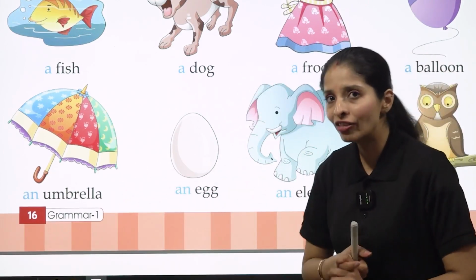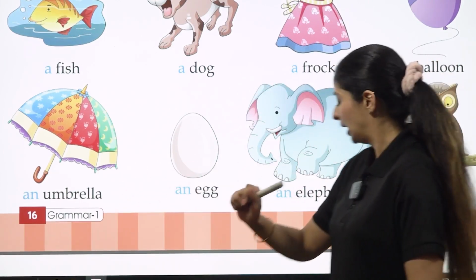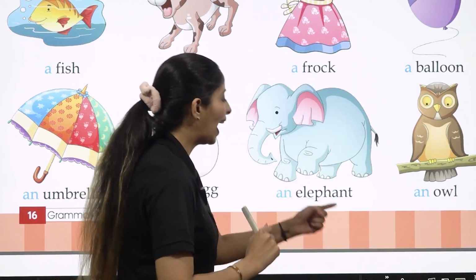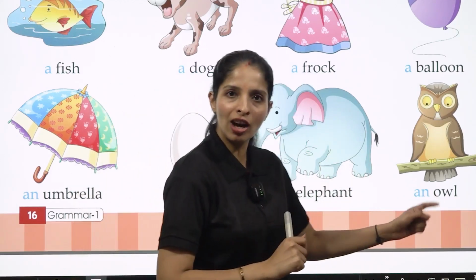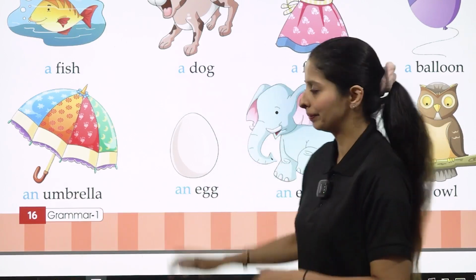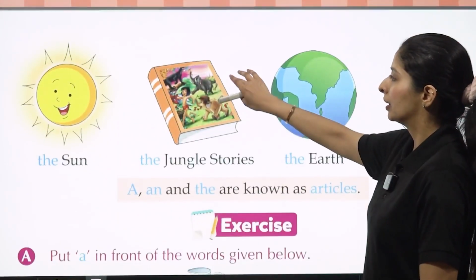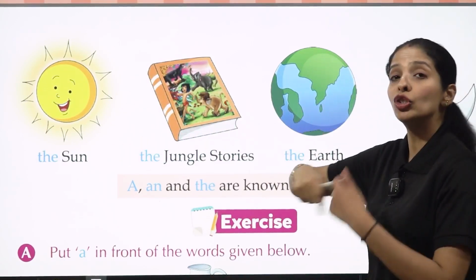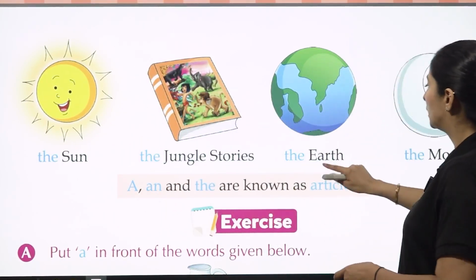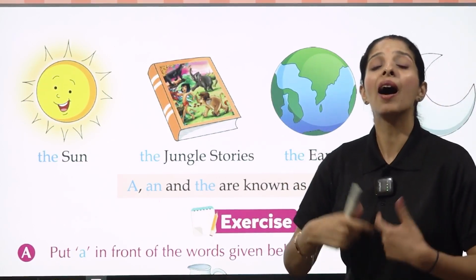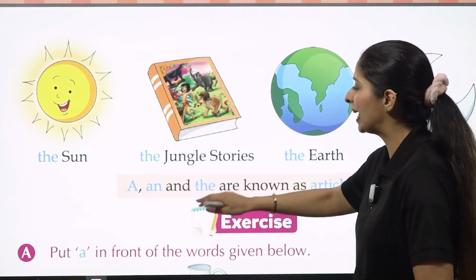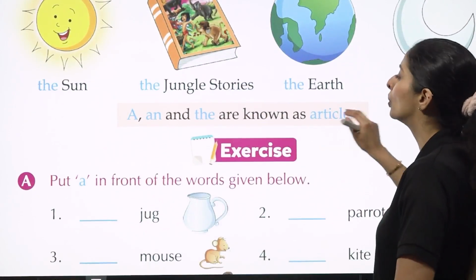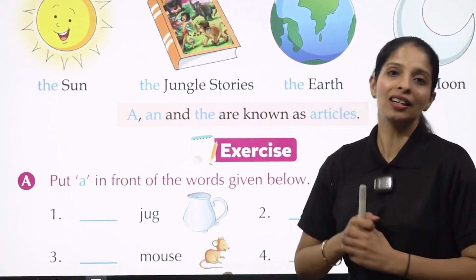E is a vowel, an egg. E is a vowel, an elephant. O is a vowel, an owl. Something specific, the sun, the jungle stories, the earth, the moon. So, A, AN and THE are known as articles.